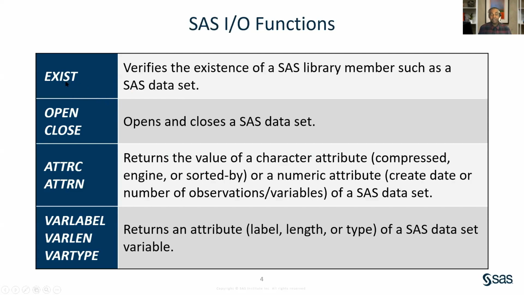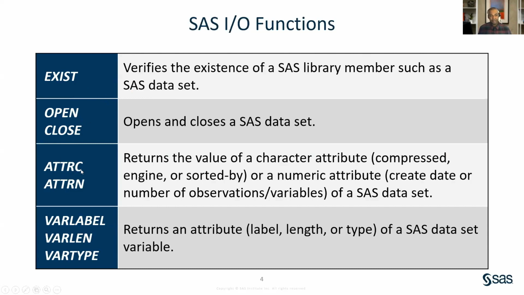So for example, there's an EXIST function that can verify the data set exists. There's an OPEN function if you want to get certain information from a table, especially metadata information; you have to open up the data set first. And when you're finished, you should close it.